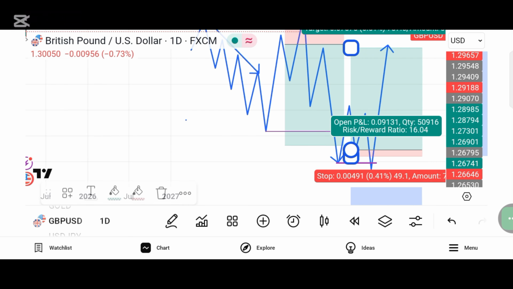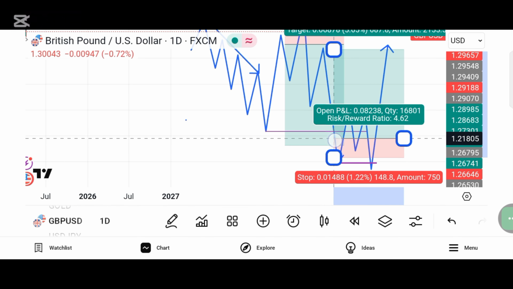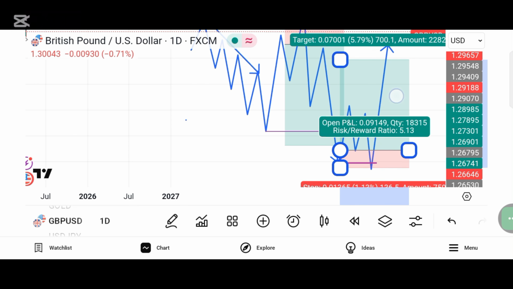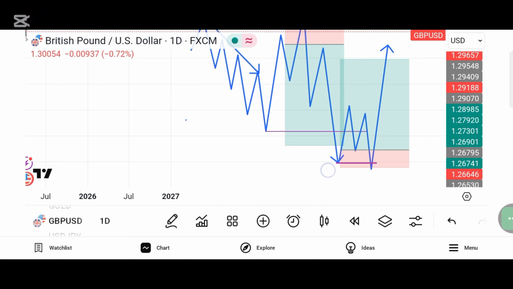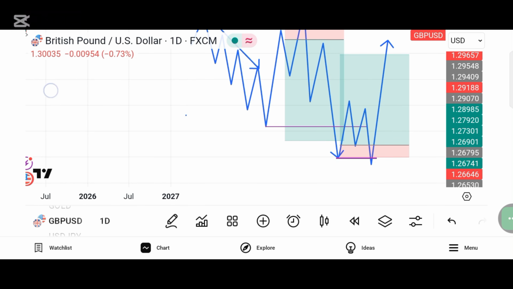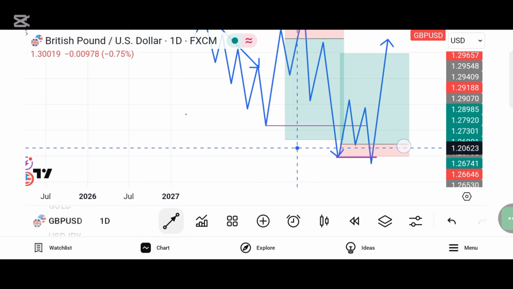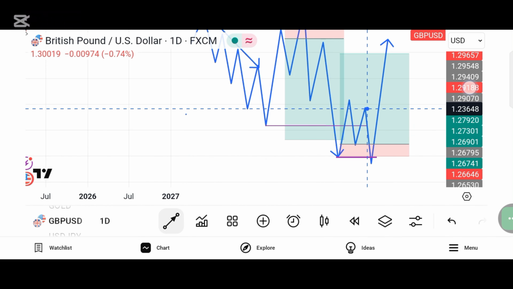Then your stop loss is now going to be below this other level of liquidity that price took out here. Then you now see how price is going to mitigate your liquidity around this low and push forward.